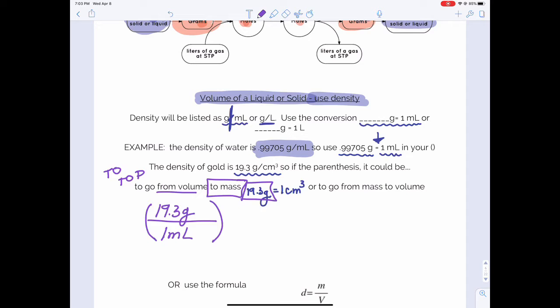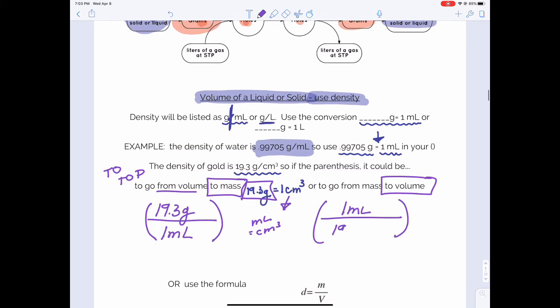But if I want to go from mass to volume, I would want the volume part on top. So 1 milliliter, and you remember that a milliliter is exactly equal to a centimeter cubed, so I'm using those interchangeably. 1 milliliter or 1 centimeter cubed is equal to 19.3 grams.